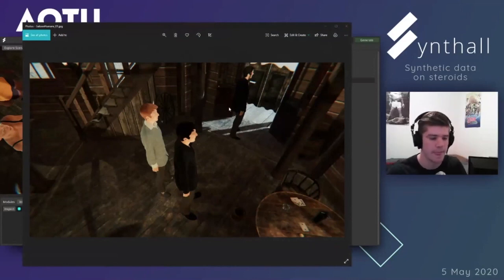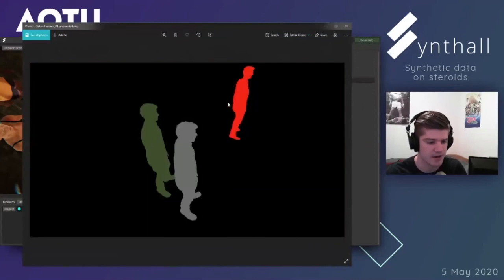Now I'm gonna go ahead and go to the next frame of this here. And we can see that these people have been marked and identified for us. And now in our case, for this generation process, we have marked them just with colors, and that's how we distinguish. But these can be marked with metadata, and tagging things and colors can mean something when you export them to different kinds of export formats.